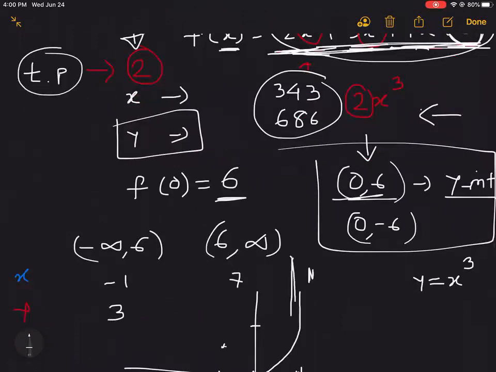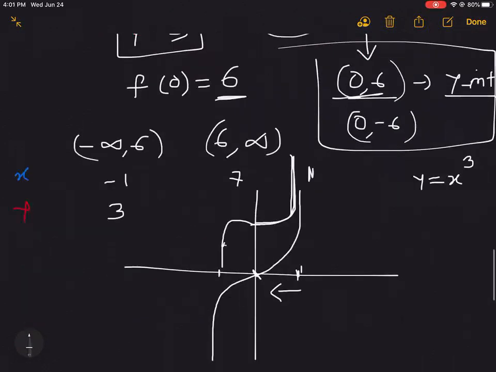So the graph might look like this. Okay, this should look like this, but again, it's not the precise graph, simply because we don't really have the x-intercept.